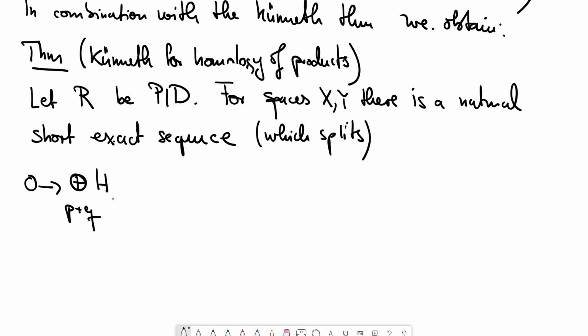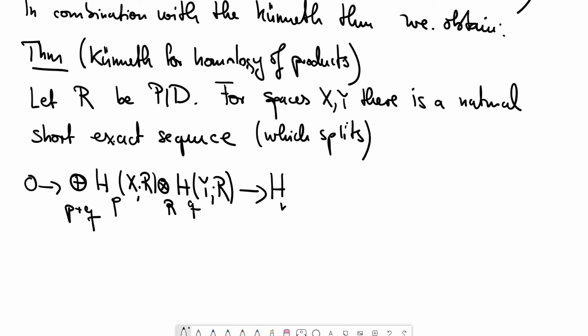Here we have the tensor product of the homologies. Here we have the homology of the product. And here we have the Tor terms.